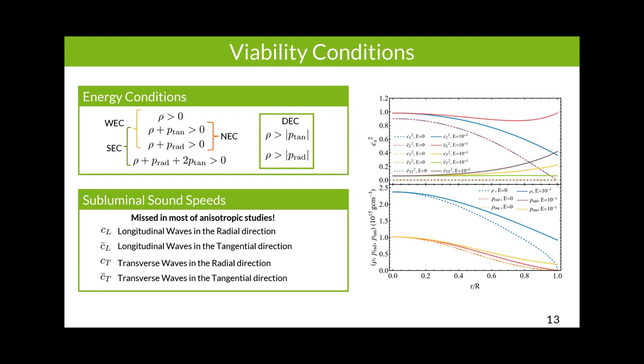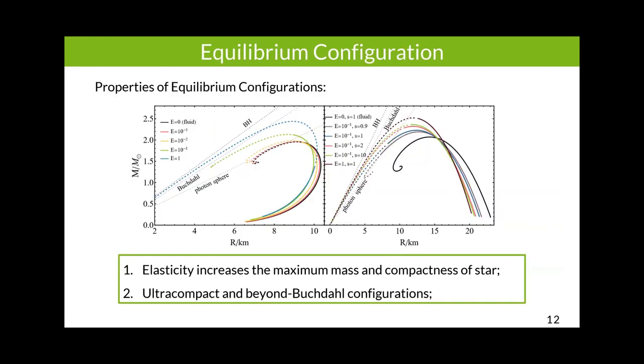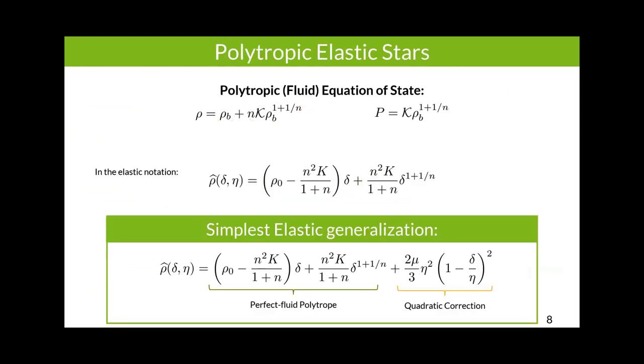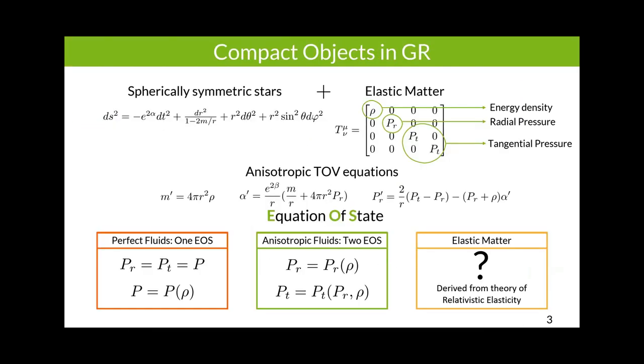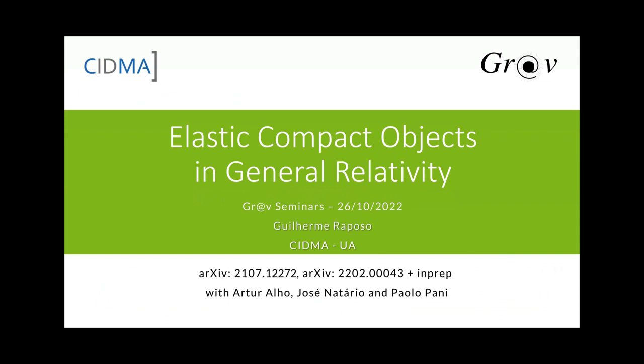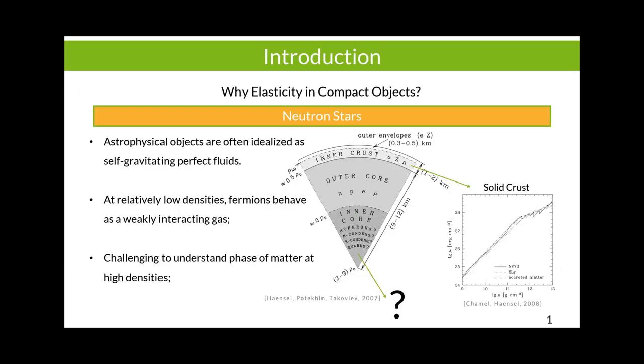Regarding the multilayer, do you have any intuition regarding the layers? Because you said you can also put elastic to elastic. Yeah, so let me see where I am. If you remember the beginning of my presentation, I had this slide with the layers of the neutron star.